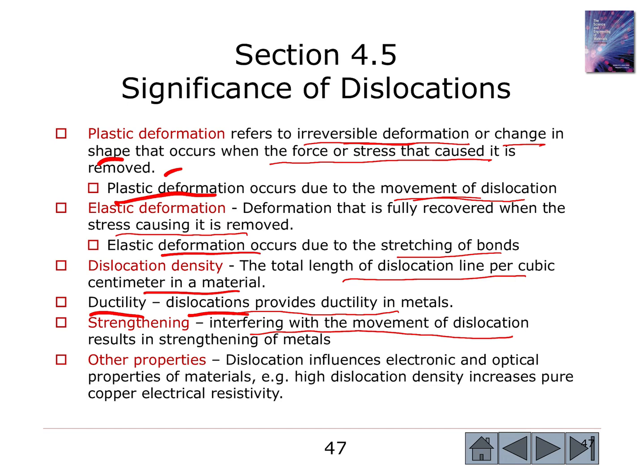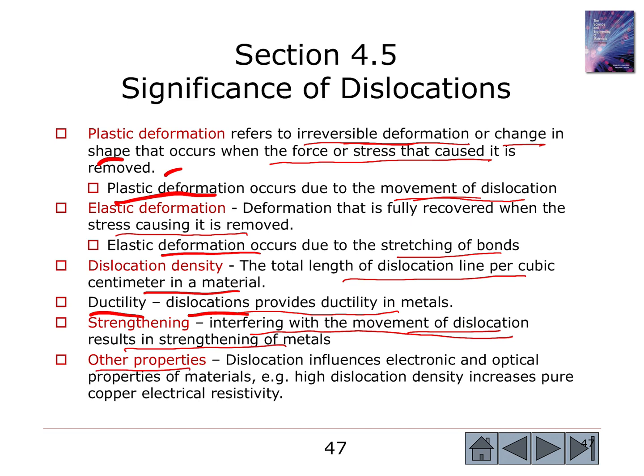So if you put hurdles in the motion of the dislocation, the material can become stronger. We use these concepts in strengthening the material, and what we do is interfere with the movement of dislocation to increase the strength of the material.